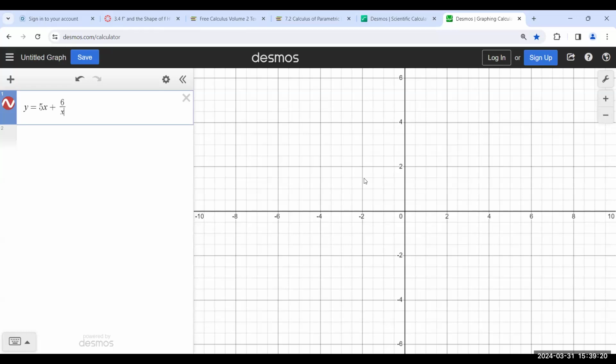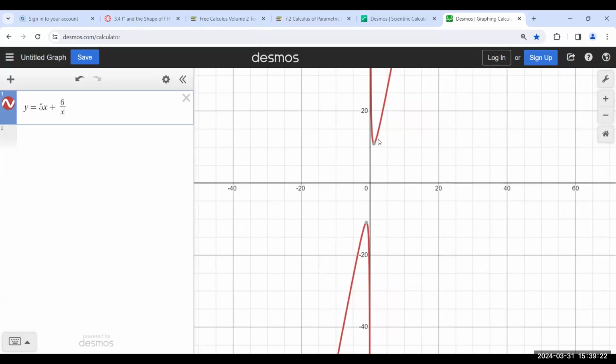And there's our curve. Notice we have a minimum here and a maximum here. We have an asymptote at x equals 0. The curve doesn't actually touch the y-axis, even though it kind of looks like it does. But there's a vertical asymptote there.